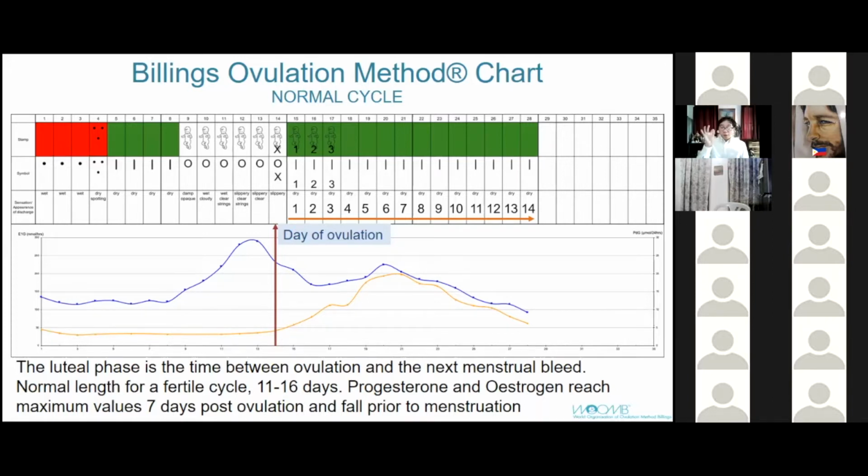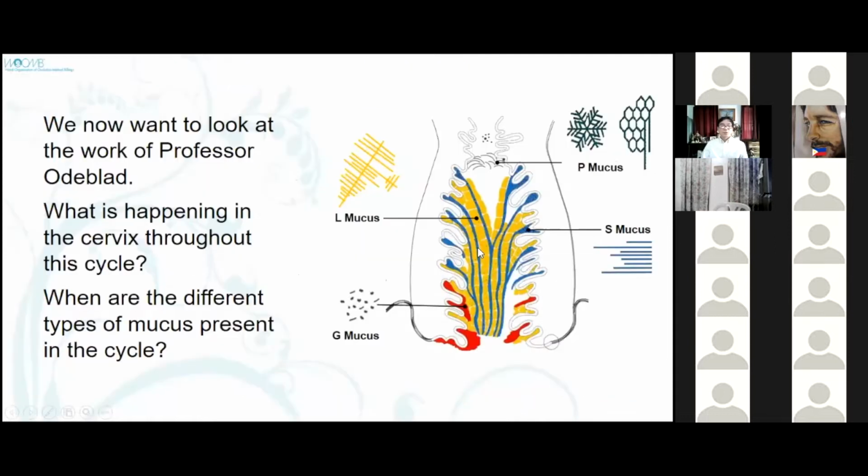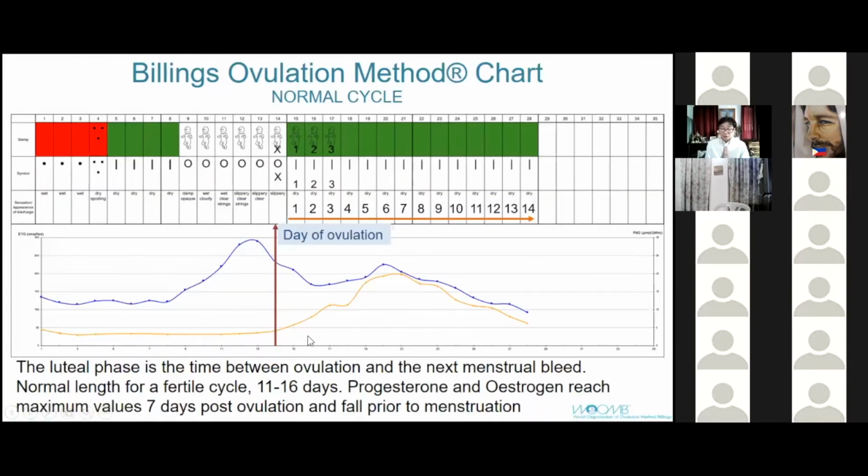Okay? And when these two ovarian hormones drop, luteal phase ends and menstruation commences. So take note of the hormones. Now, if we are clear with the hormones, let's have a repeat.